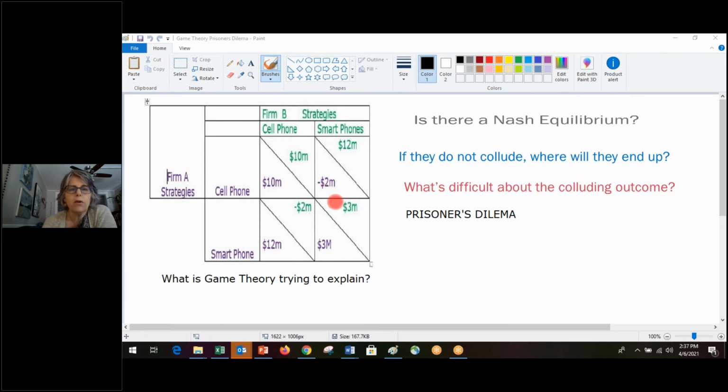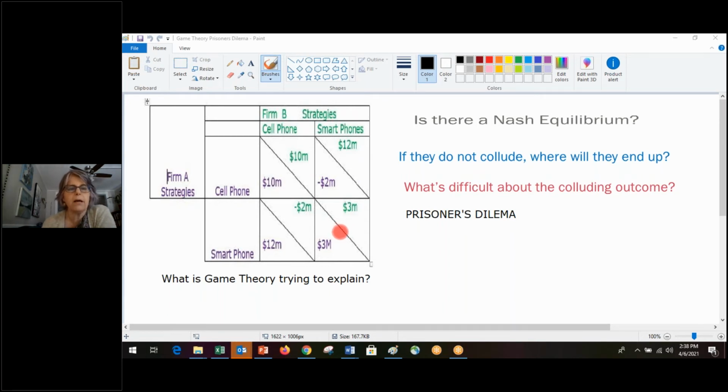Now, firm B is here at smartphones. If they change their behavior, the only thing they can do is go to cell phones, which would be a move here. But firm B isn't going to do that because they move from 3 to -2. So this is a stable Nash equilibrium, because once you arrive here, there's no incentive for either firm to change their behavior.